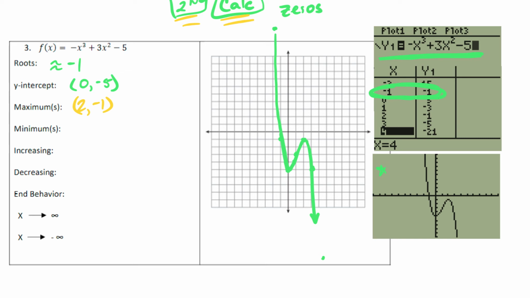And we would go left bound, put it anywhere over here, right bound, put it anywhere over here. And then we would guess and put it anywhere towards the top. And that will give us our maximum value. So just because it shows up in the table doesn't mean it's a max, but this one does check out. So it is -2, -1.